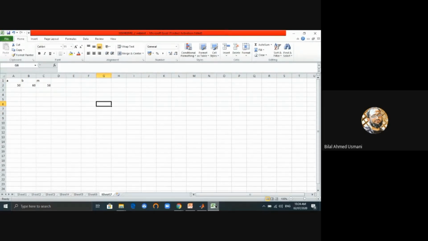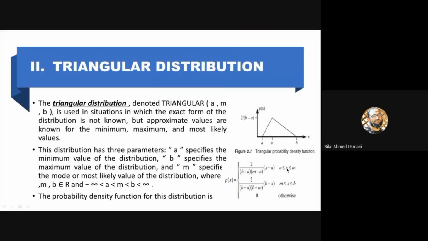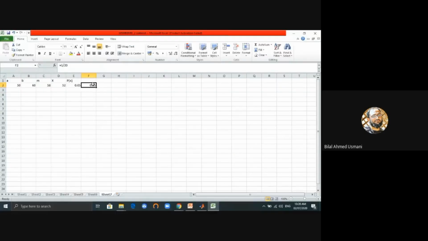What is the probability of getting x equals 52? What we have to do is very simple. We put 52 in place of x, 50 in place of a, and 60 in place of b, and find the probability: 0.05.